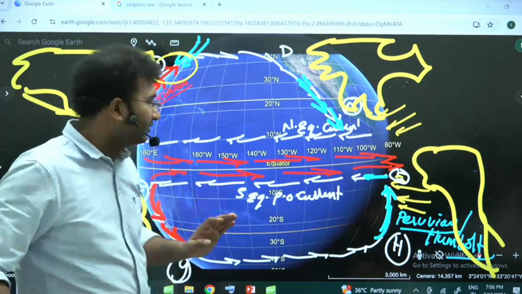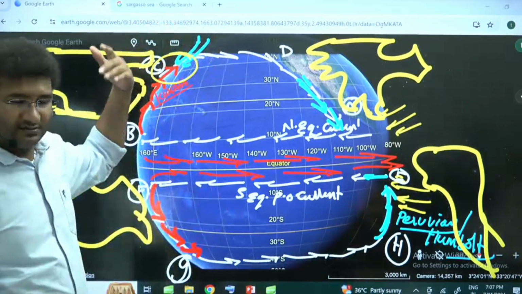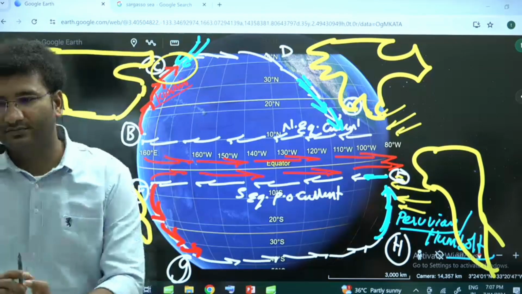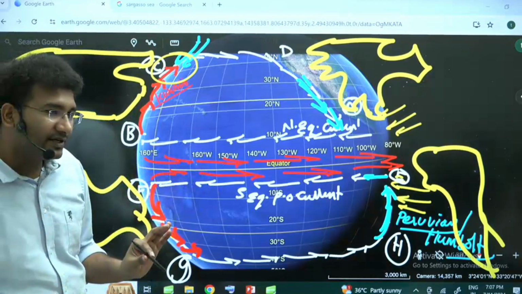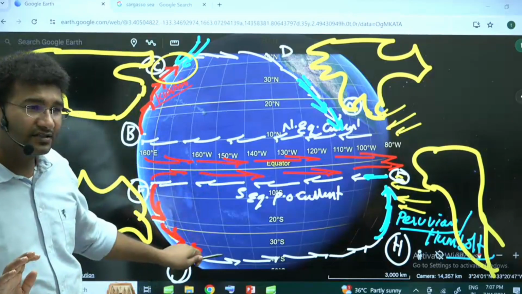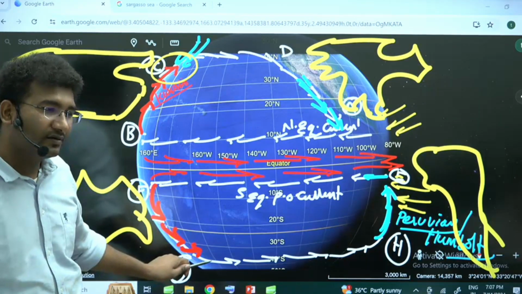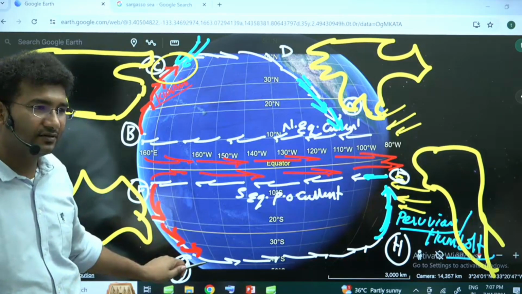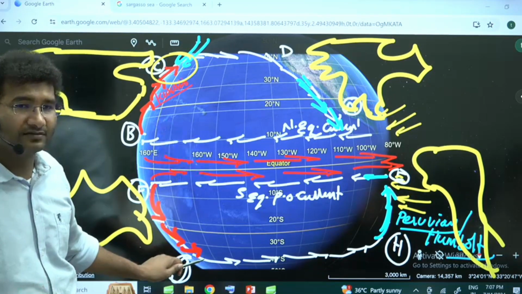Okay? So again, quickly take the photographs. Here, the interesting aspect is that all the currents in the South Atlantic and South Pacific are cold. Why are they cold? West wind drift, there is absence of land and the water is coming from the polar area.